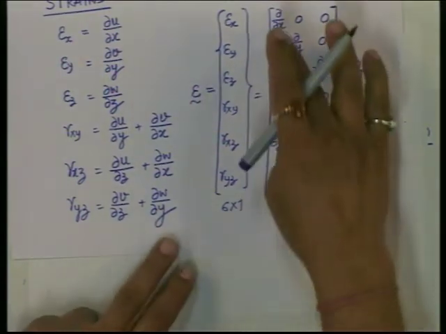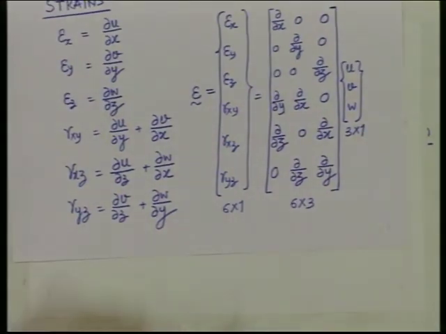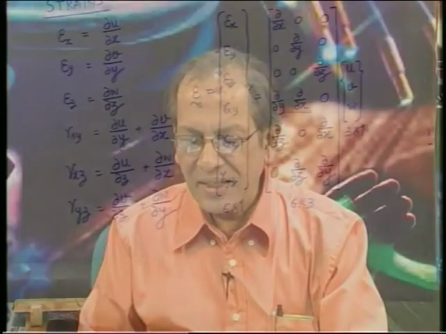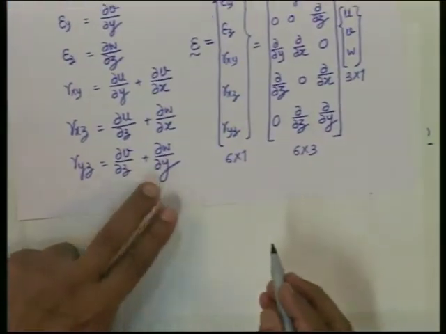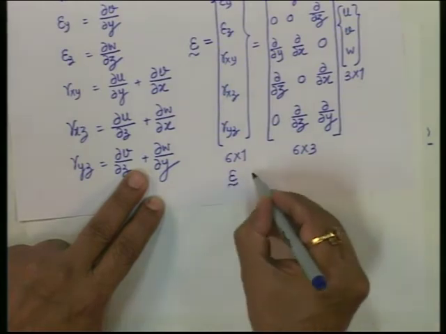Now, this matrix which consists of only derivatives, del by del x, del by del y, we call it the derivative matrix, and we denote it by a letter. See, the left hand side is epsilon.